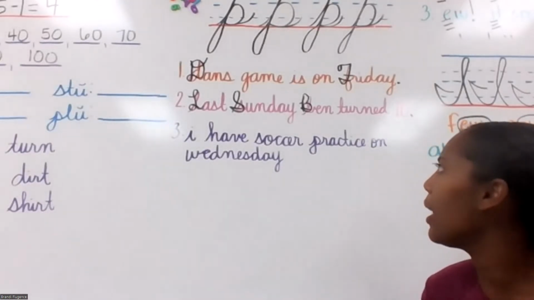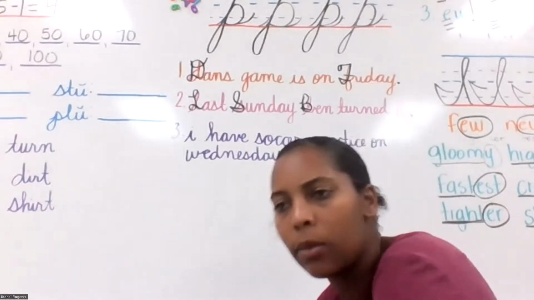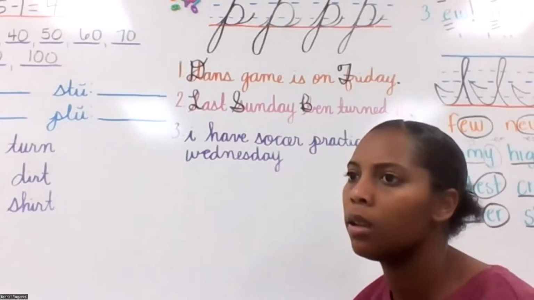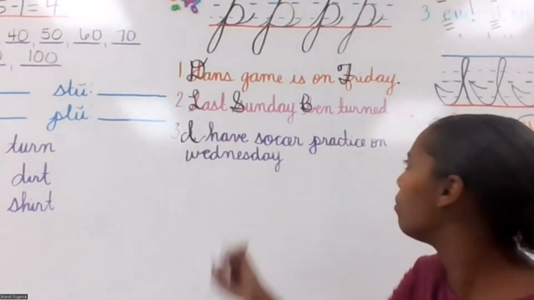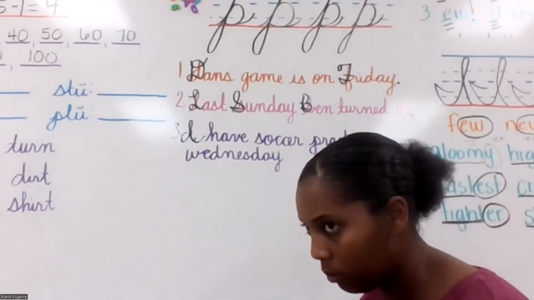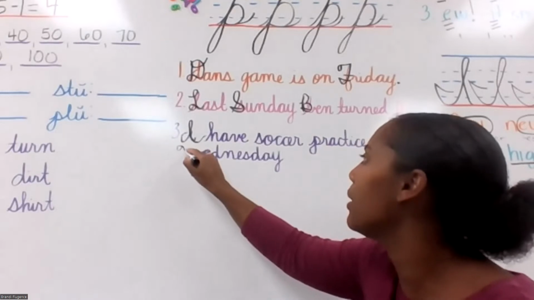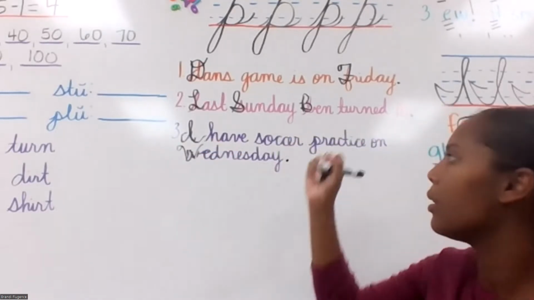Number 3, I have soccer practice on Wednesday. Cairo, how should I write this one correctly? Capitalize first letter I. Capitalize my W on Wednesday and then a period at the end. Good.